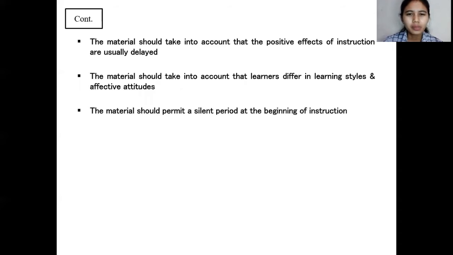The material should permit a silent period at the beginning of instruction. So a silent period is a way that helps the students to also develop their confidence, because when the teacher gives the material and then asks the student something and then gives time to keep silent first, they will start to develop their ideas, their thoughts, and want to try to share it with other students.